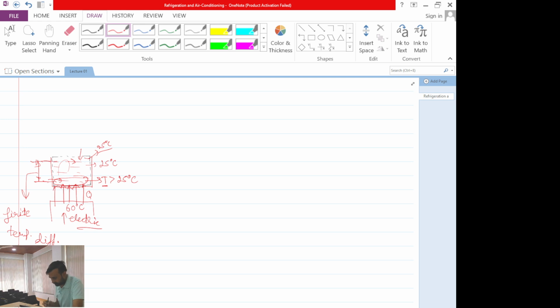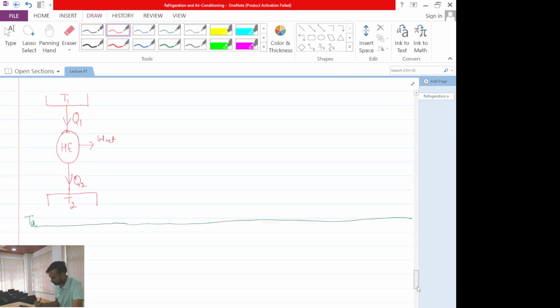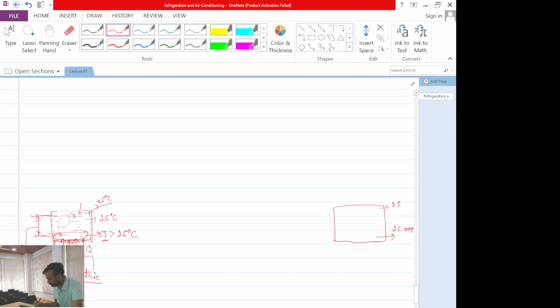For example, if I say that I have water where the top layer is 25 and the bottom layer is 25.009 degrees Celsius. Here also I have a temperature difference, but this temperature difference is dT, which is called an infinitely small temperature difference.